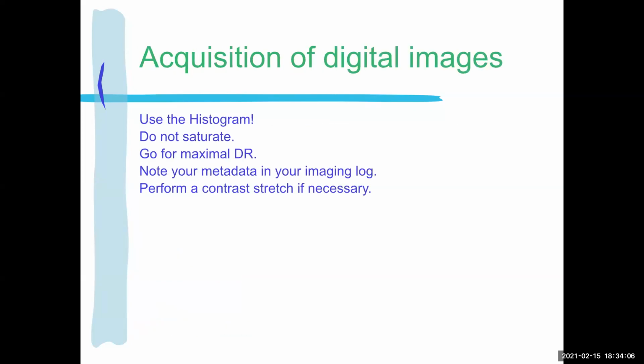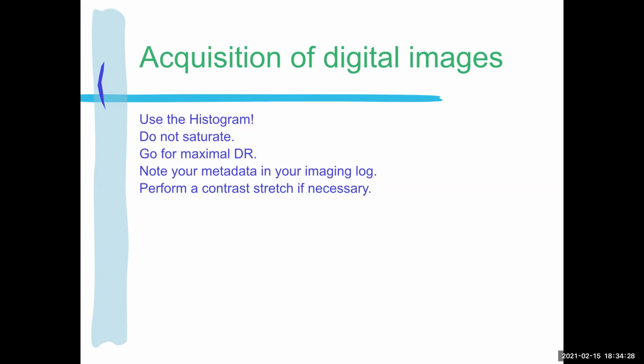Okay, so to acquire a digital image, you've got to use the histogram, have it open, have it looking at it, make sure you're seeing it. Do not saturate the ends, go for the max dynamic range that you can get. You're going to learn to work quickly because presumably you're working with live stuff and you just want to be quick as an imager.